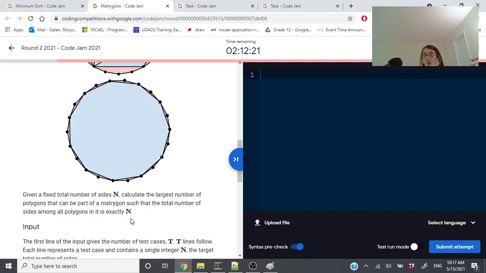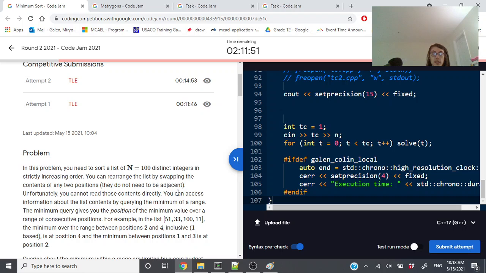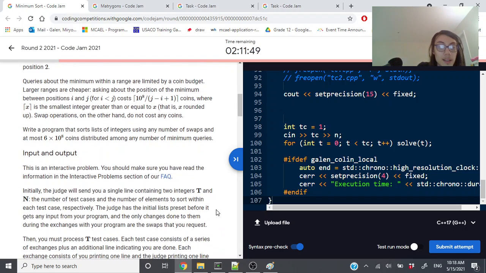Or wait, maybe we're not supposed to pre-compute it. So for example, we could do DP on A, the last polygon, and B, the number of sides we currently have. And then that would store the maximum number of polygons, but still TLE. Okay, what am I doing?